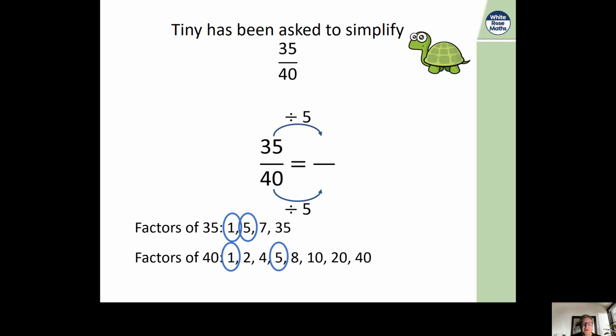What's 35 divided by 5? What's 40 divided by 5? Because 5 is the highest common factor.